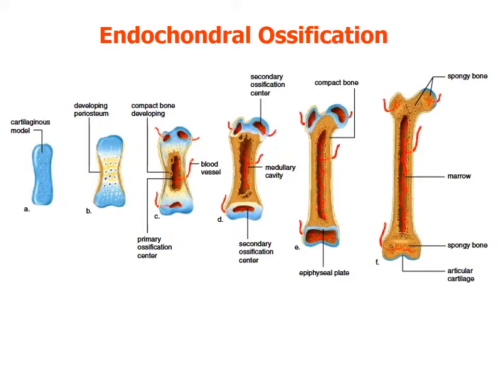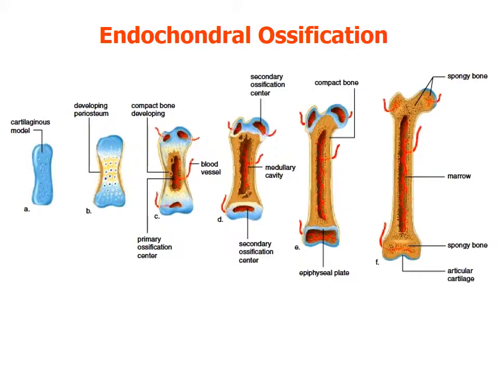Endochondral ossification begins with the cartilage model made of hyaline cartilage. The periosteum first develops on the outside as well as compact bone. Once the compact bone perimeter of the diaphysis is complete, it's called a bone collar, and the cartilage cells inside cavitate and die.